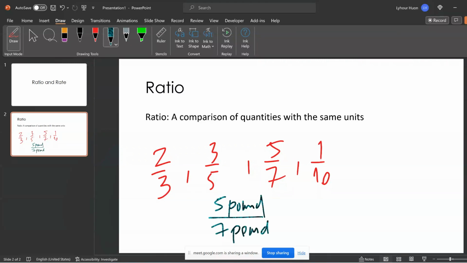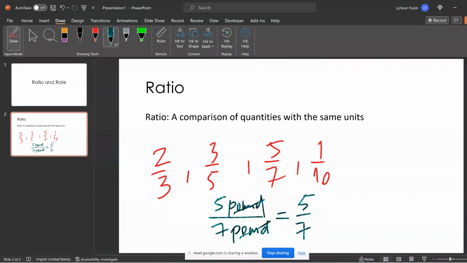When we have pound over pound, meaning they are in the same units, we can write it as 5 over 7. Why? Because unit and unit can be simplified. Pound divided by pound is no unit. So ratio we normally see without the unit.